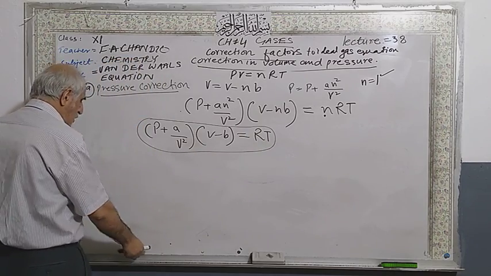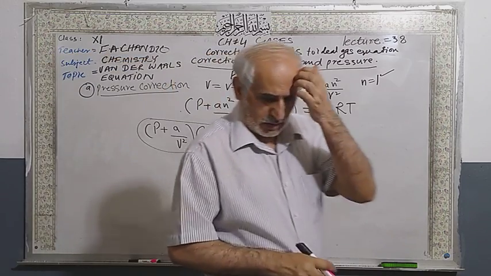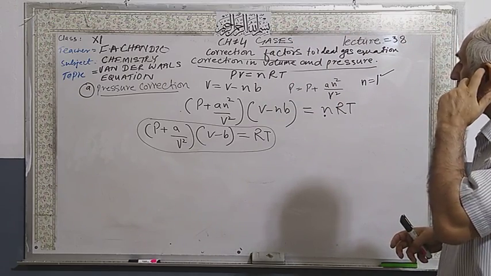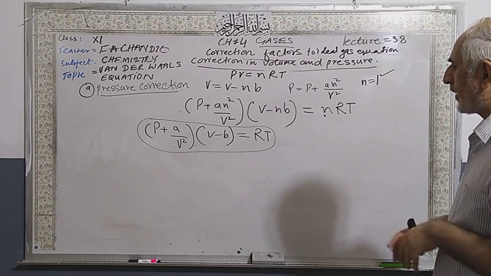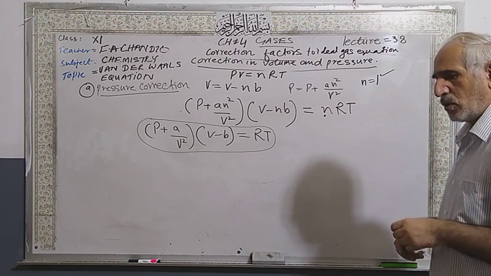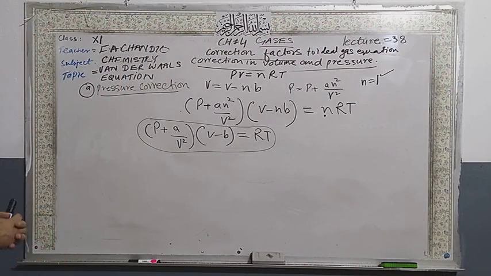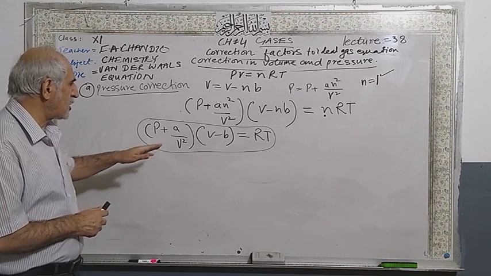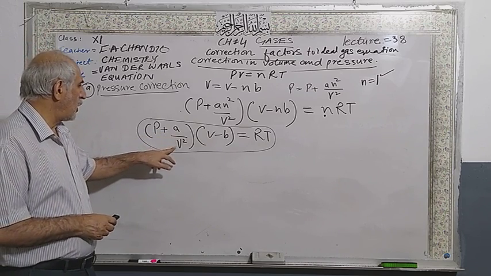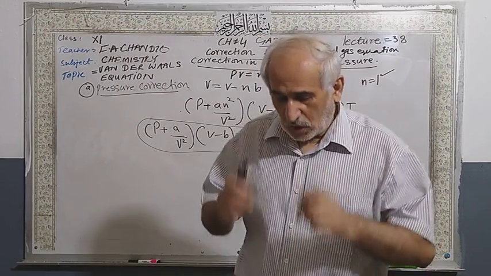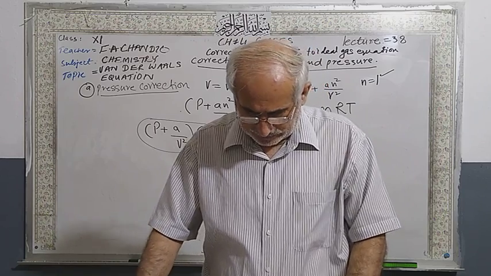So this is the van der Waals equation. a is a constant factor for the gas. Every gas has its own constant. On the next page, maybe the same page in the yellow box, you are seeing the values of a and b, also constant factors. This is called the van der Waals equation.